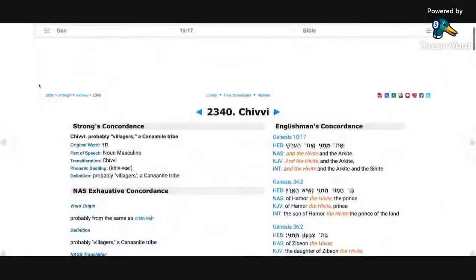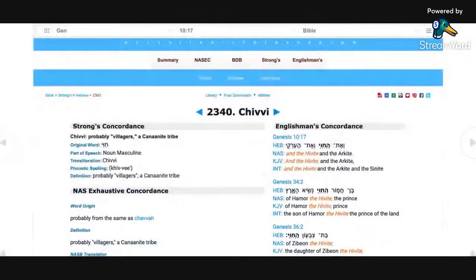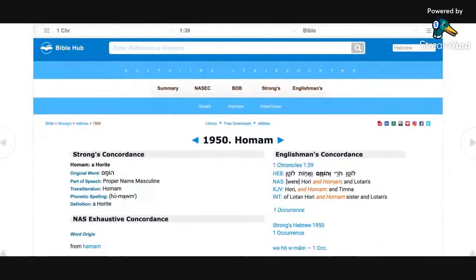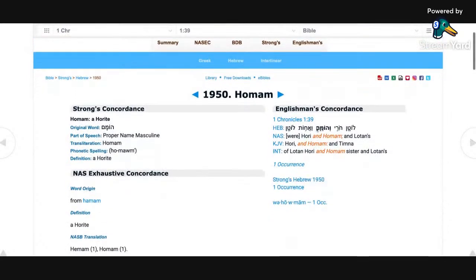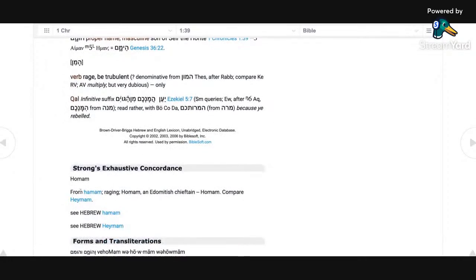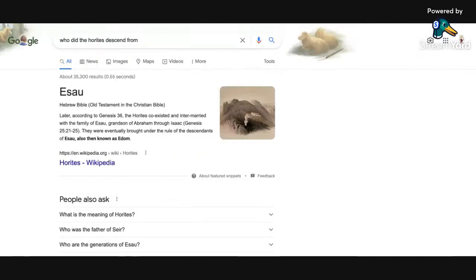I was going to go to the Horites. Now I'm going to do Horites. Here, Horites. A Horite found in First Chronicles chapter 1, verse 39. Homam, from Hamam, raging. Homam, an Edomitish chieftain. Homam. So, who did the Horites descend from?